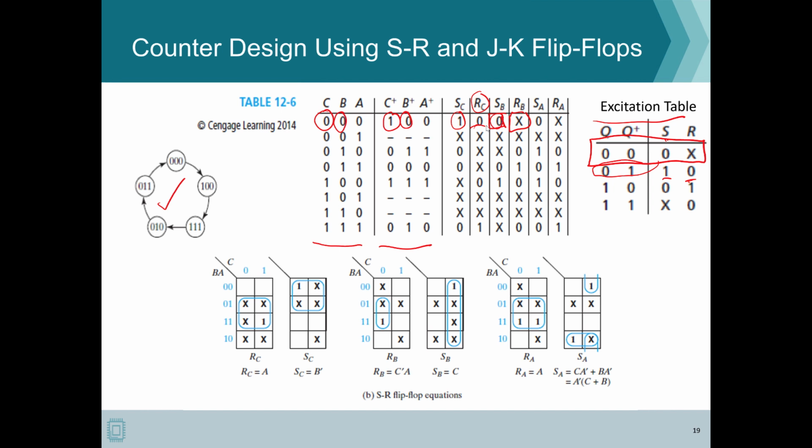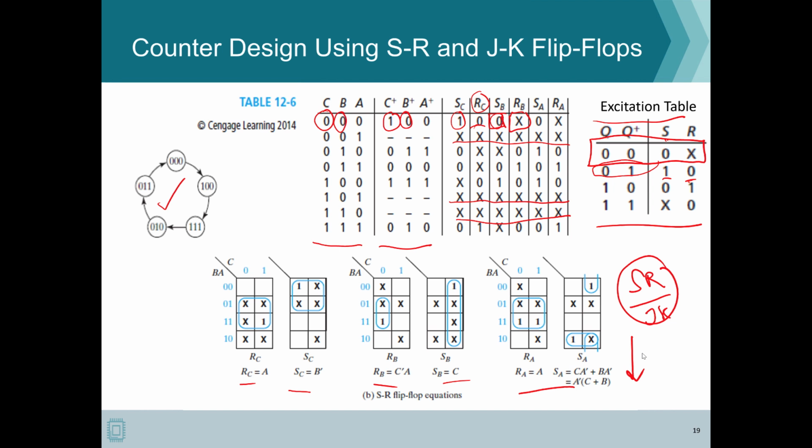So what actually will happen is that not only these don't cares, but now your SR excitation table will also introduce a lot of don't cares. Therefore, whenever you implement something using SR, and also with a JK flip-flop, you will see that your expressions are much more compact, and in general they lead to fewer gates, or fewer transistors.